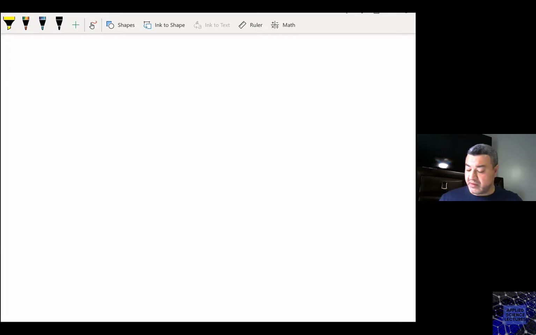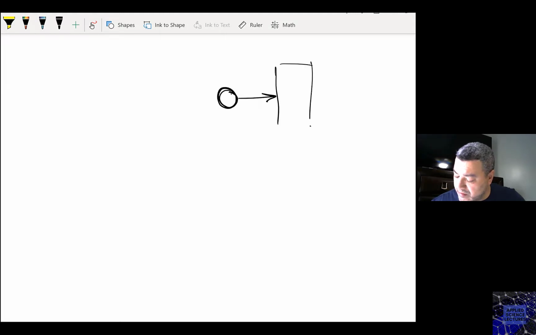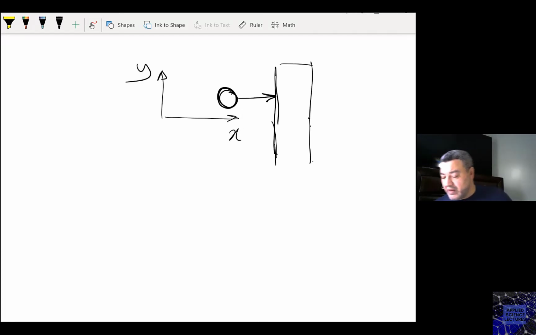So you have this head that's applying force right on the tree. As I said, assuming horizontal motion. Hitting right on here, digging in for 2 millimeters.